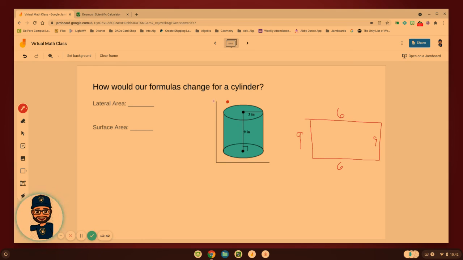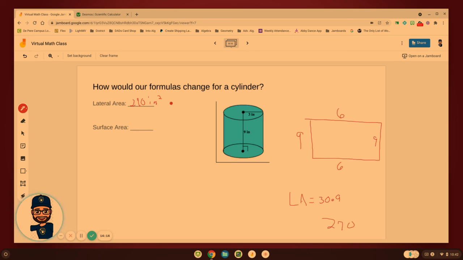So the perimeter, or the lateral area, is the perimeter, 30, times the height in between the two bases. 270 again.